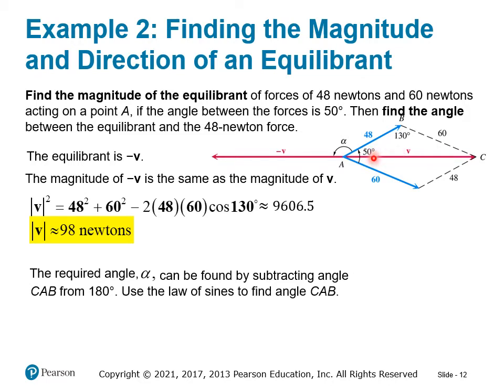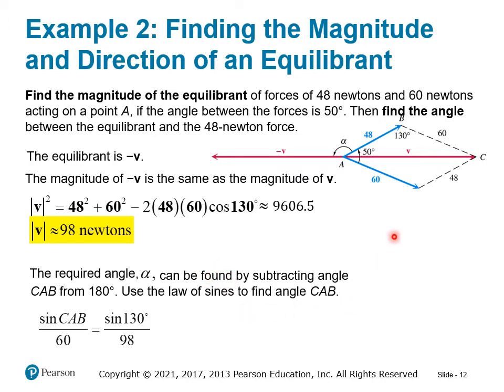And so then that seems like it would make it a really easy problem, 180 minus 25. But we don't know that it does that, so we cannot assume that half of that angle is there from the diagonal. We need to figure out what the angle CAB is, whatever that little part of A above the resultant is. We need to know that for sure, and we can use the law of sines to find that.